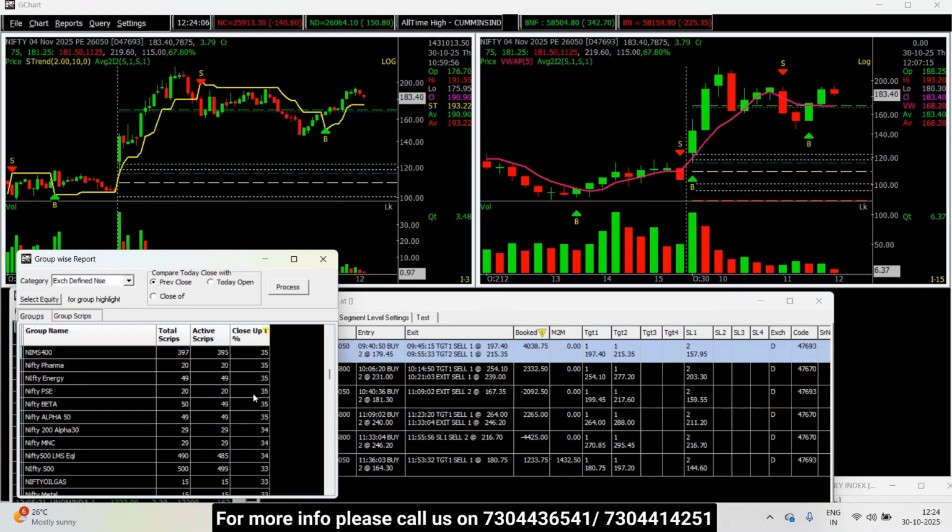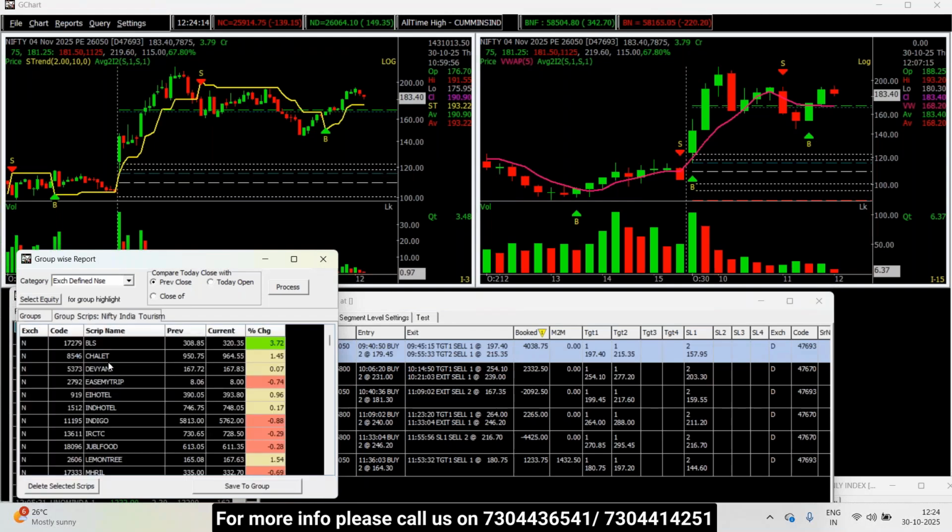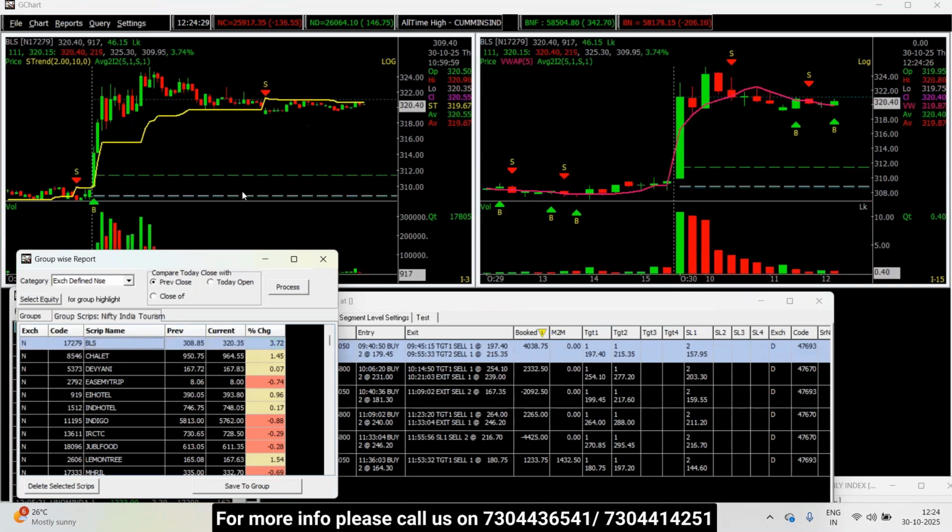So I'm going to sort it in ascending order. The first one is the Nifty India Tourism. If I open this Nifty India Tourism, we can see the companies in the Nifty Tourism. Whatever stock is in complete green is supporting the Nifty. For example, I'll show you.